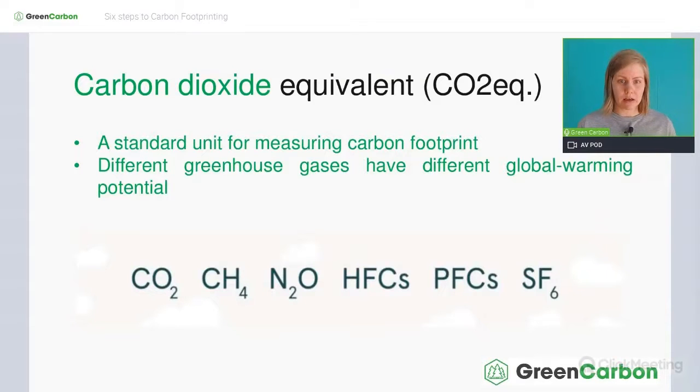And methane has a much stronger impact on climate change than carbon dioxide. With the same amount of these gases, methane warms the climate much more. So this unit takes into account this difference, and it also includes all the different greenhouse gases, not just carbon dioxide.